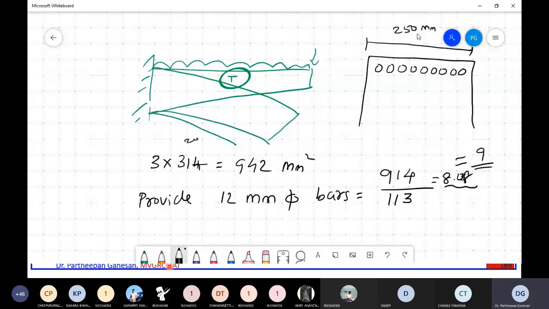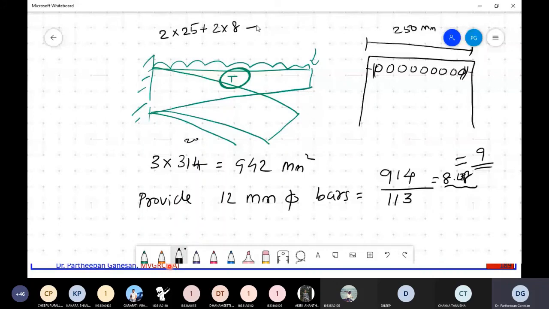So you find out how much space is already occupied. You have to provide 2 covers. Let us say clear cover is 25 mm, so this side 25 mm, that side 25 mm, plus 2 into 8 for stirrups. Stirrups will come, roughly this, so I have reduced for stirrups.